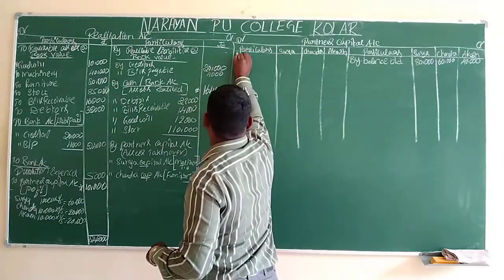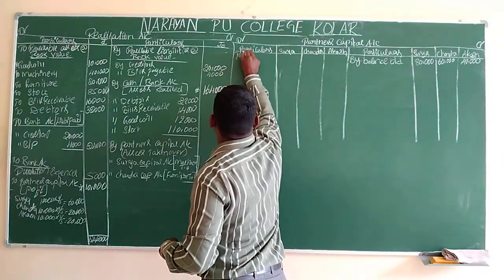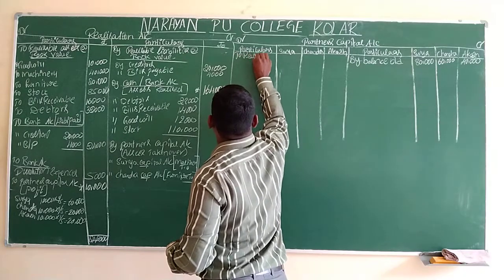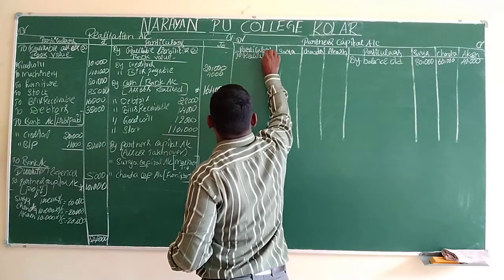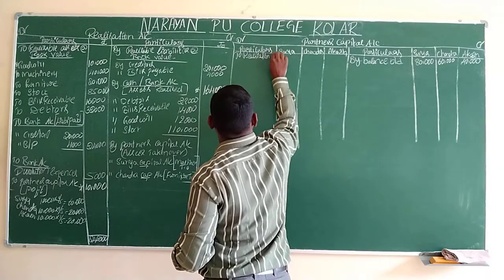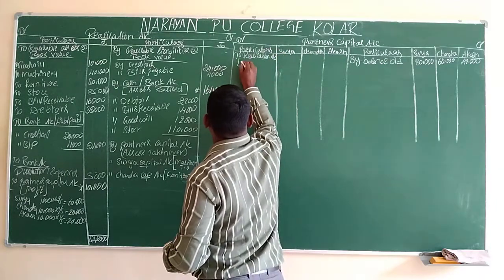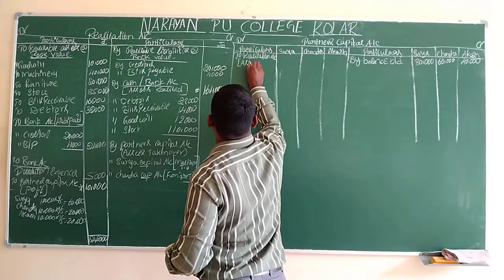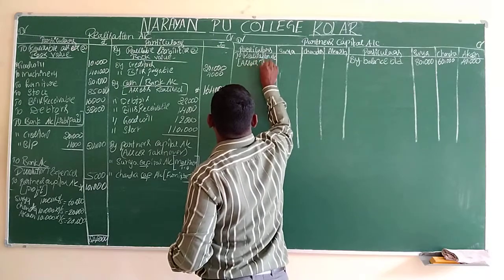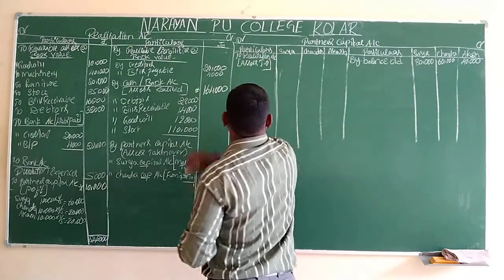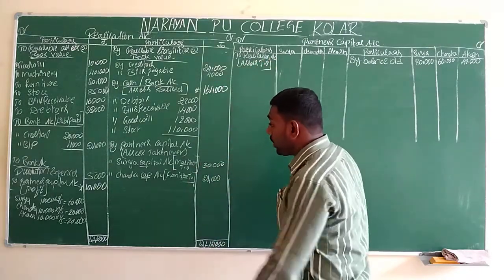So we write here to realization account, and in bracket we mention assets taken over.